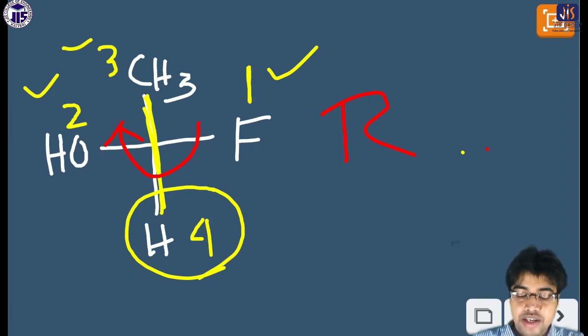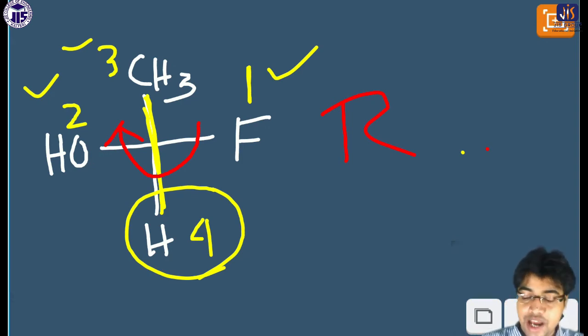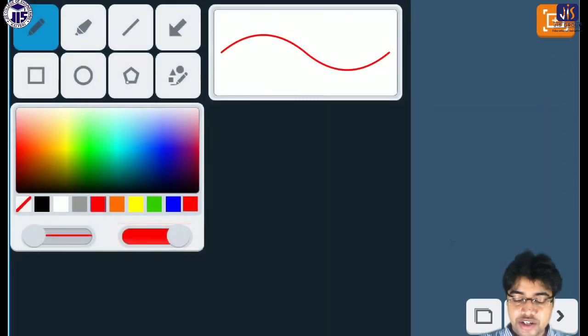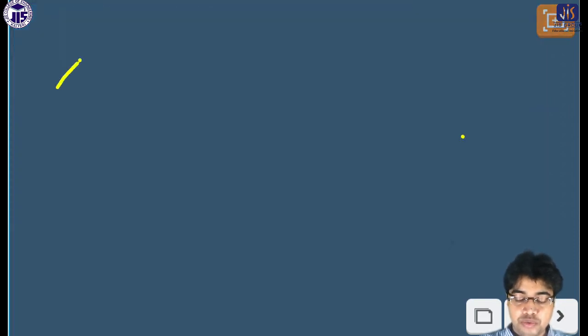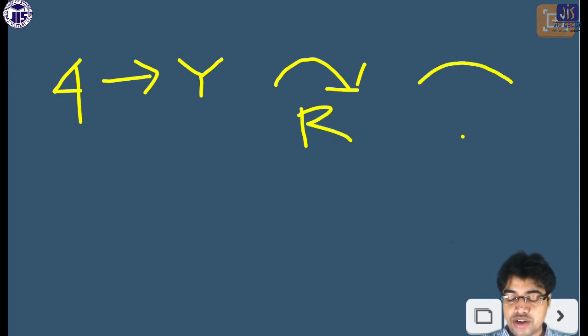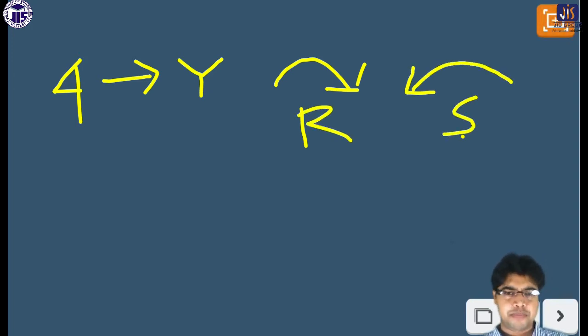Now, if the fourth priority group is not on the y-axis, then what happens? You have to keep in mind that it will be the opposite of the y-axis case. What I told you is that if the fourth priority group is on the y-axis, then clockwise direction will be R and anti-clockwise direction will be S. It's simple.